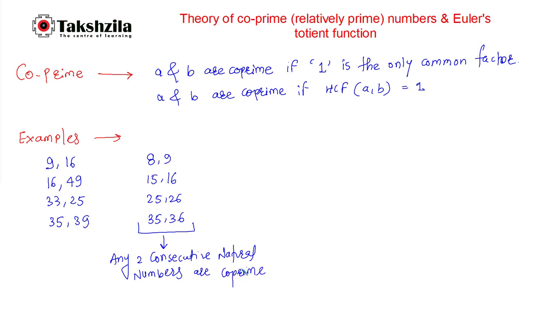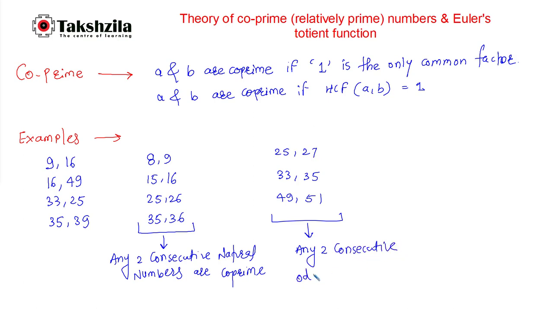After that, a few more examples: first is 25 comma 27, then 33 comma 35, then 49 comma 51. So from this we can say that any two consecutive odd numbers are co-prime.